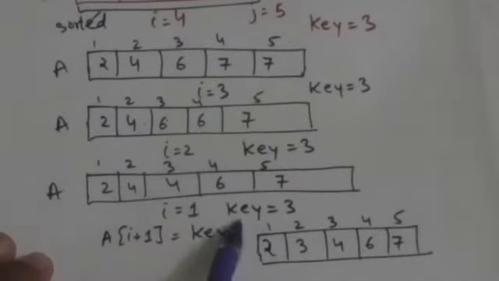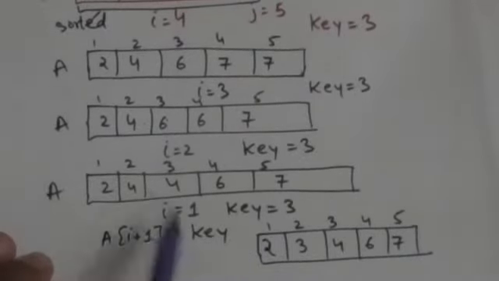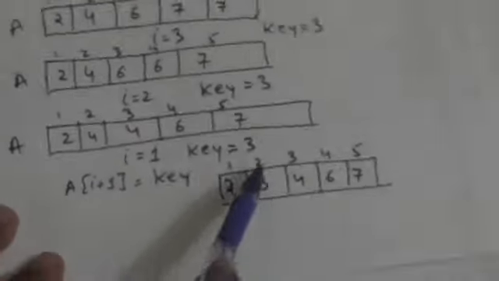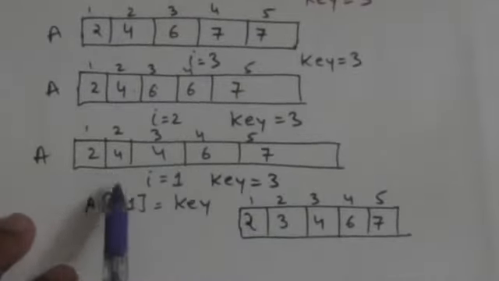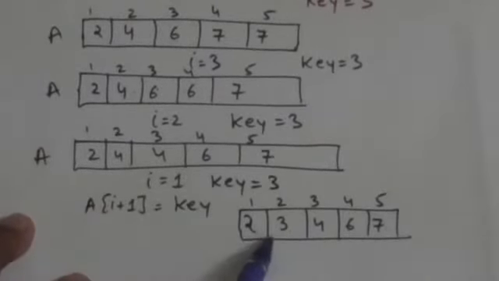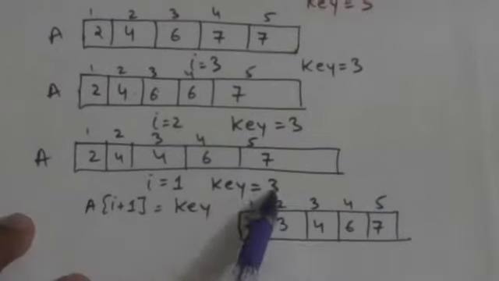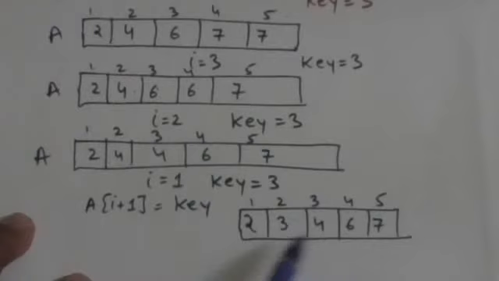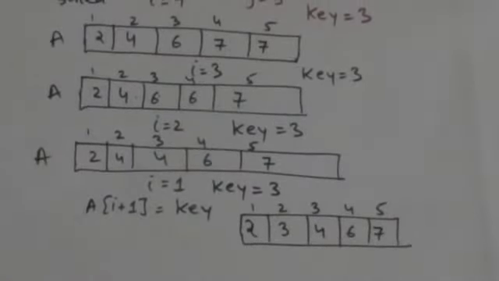It means we will store this key at index 2. So after inserting this key at index 2, we will get this array. Now see, this element 3 has been placed at the proper place in these sorted elements.